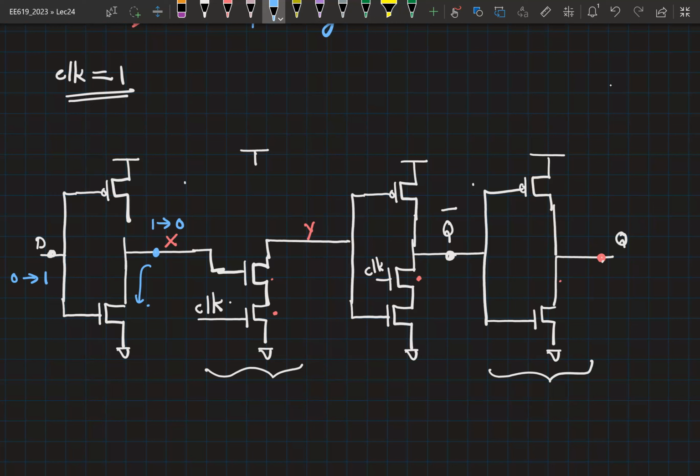Now your Y was initially at VDD. Right now we have assumed that our D is constant, so we don't even have to worry about this transition. So your X is simply equal to D bar, which was the previous value. Okay, so now what comment can you make about Y?